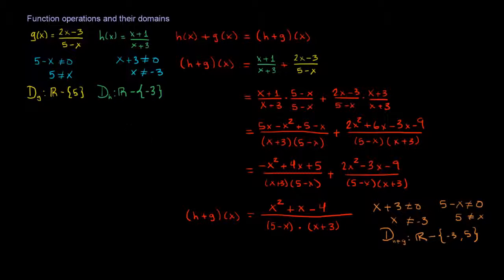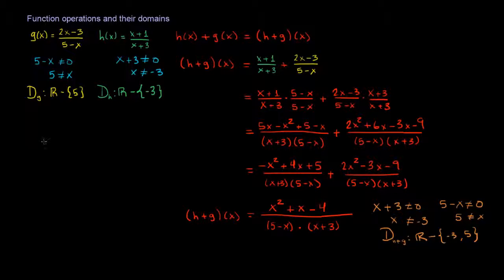Now before writing the final domain, I would have to include the domain of g and the domain of h in the solution, and they have this restriction of positive 5 and negative 3, which are already included in the domain of this expression h plus g. So I'm just going to copy this expression for the final domain.